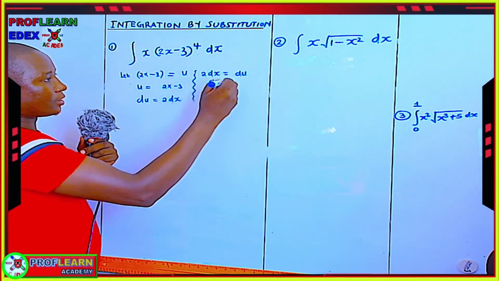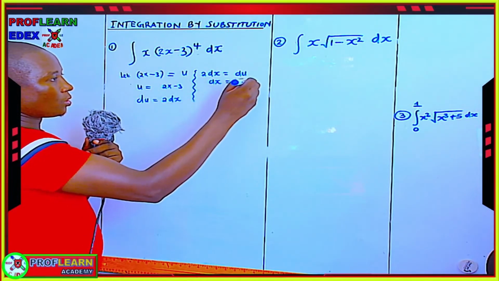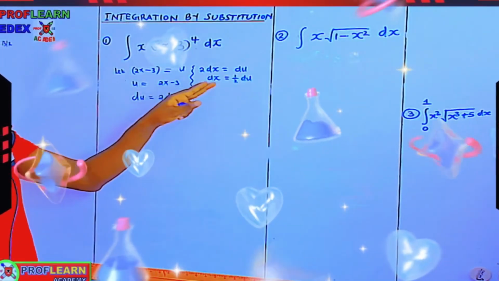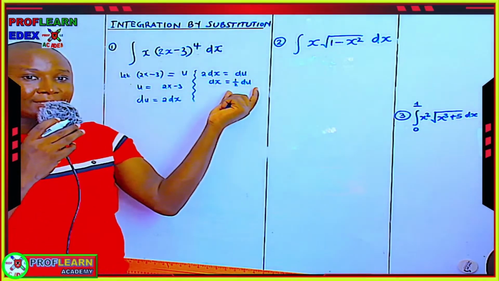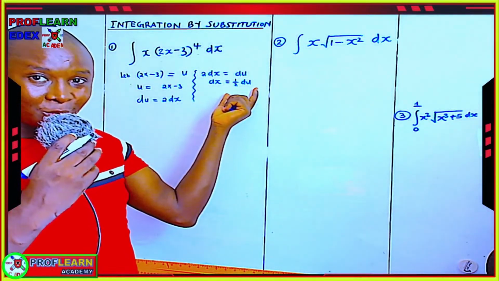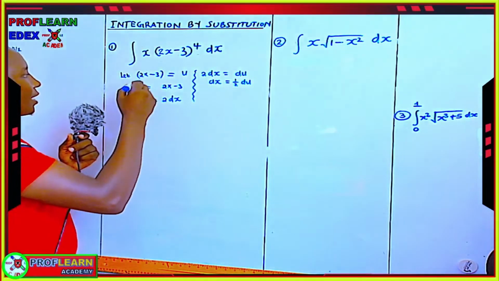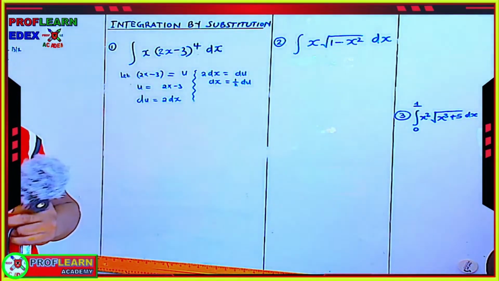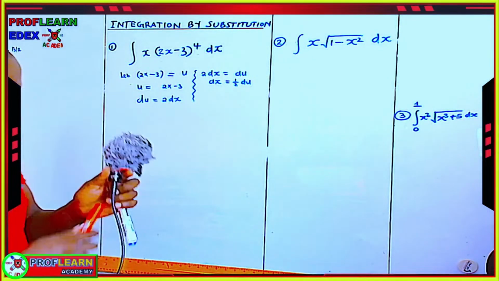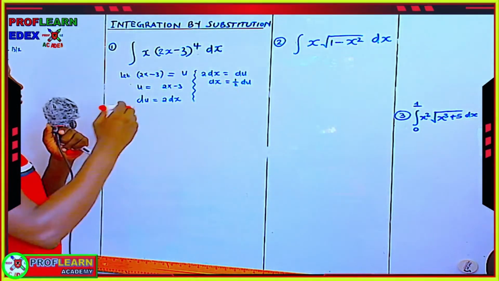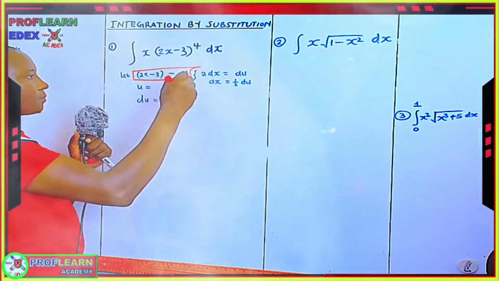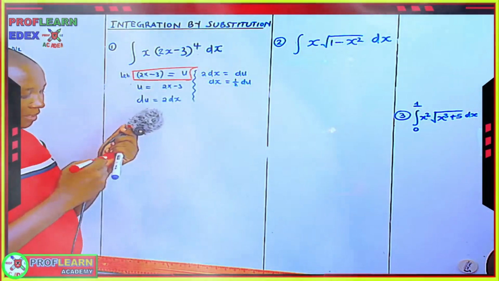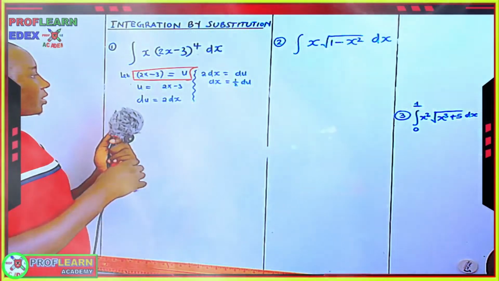Then dx is going to be 1 over 2 du, meaning that anywhere we are going to have dx, we can replace that with 1 over 2 du. And we had also said that this expression that we have here is the expression for u with x.